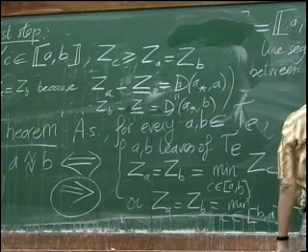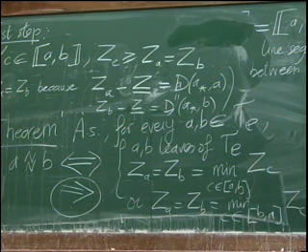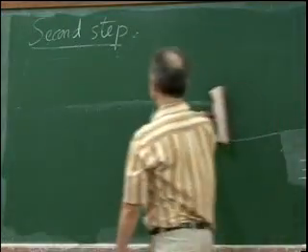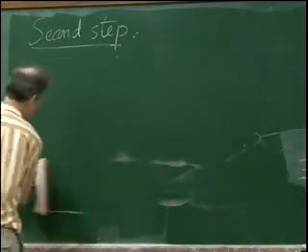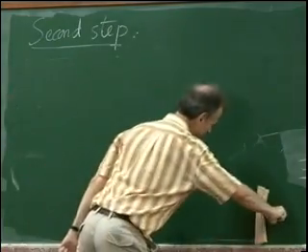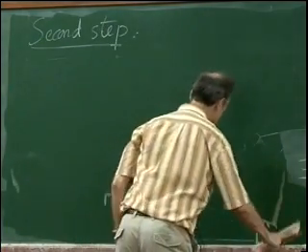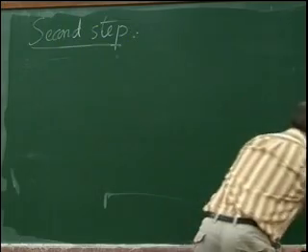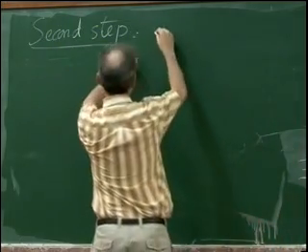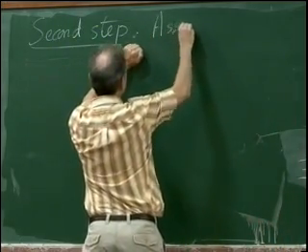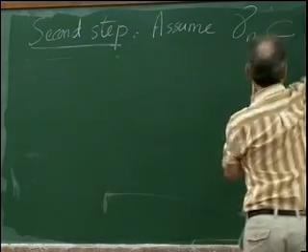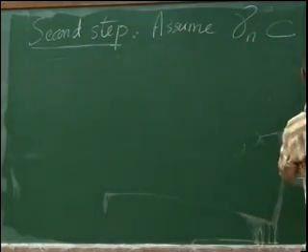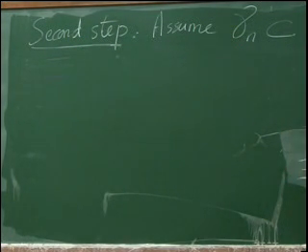For the second step, I will need, in fact, an extra assumption. I will make a simplifying assumption. I will assume that gamma n lies in the interval a and bn for every n.